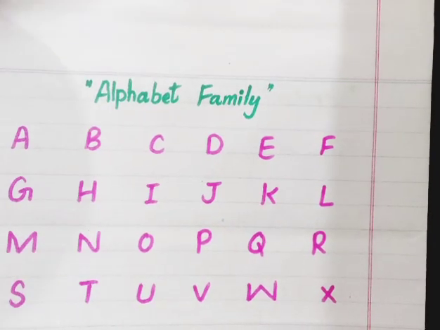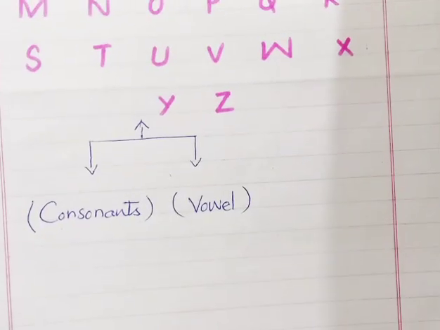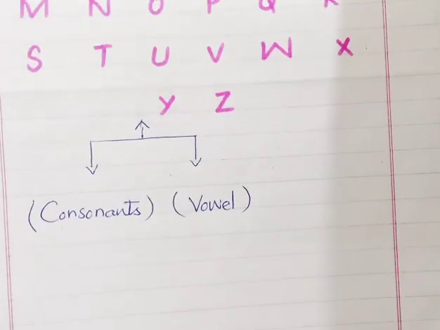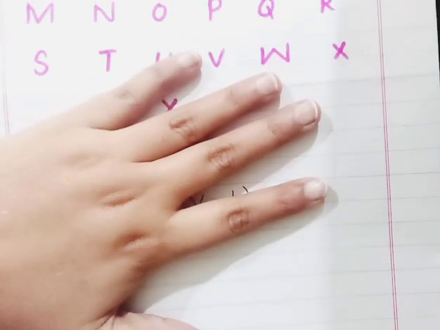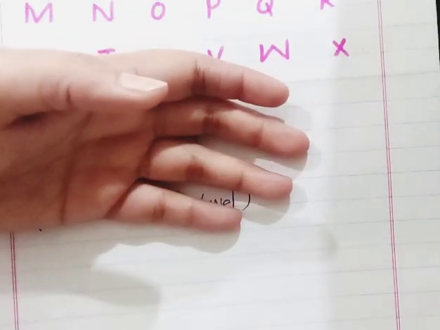Now, you are thinking right now, what is a vowel letter and what is a consonant letter? I mean, what's the difference between vowel letters and consonant letters? Now, vowel letters fit in our hand. Now you are thinking, what?